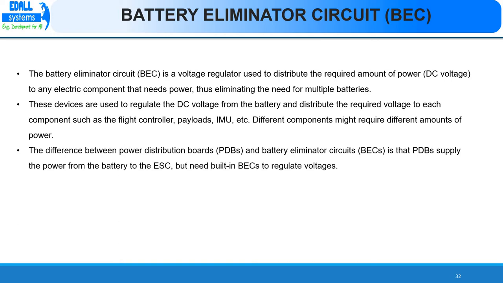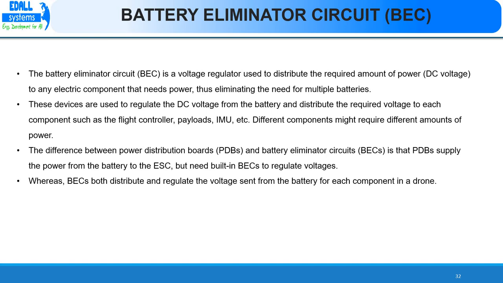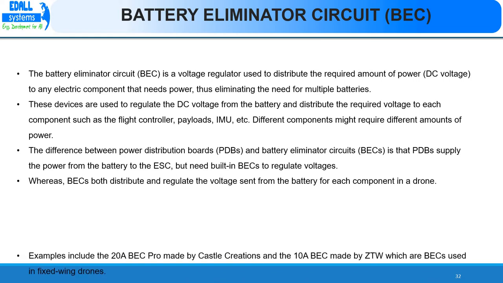The difference between power distribution boards and battery eliminator circuits is that power distribution boards supply power from the battery to electronic speed controllers, but they need built-in battery eliminator circuits to regulate voltage, whereas battery eliminator circuits distribute and regulate the voltage sent from the battery for each component in a drone.